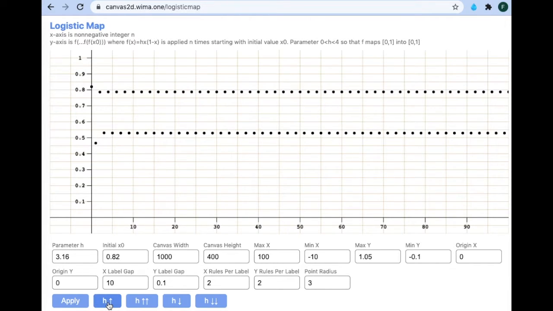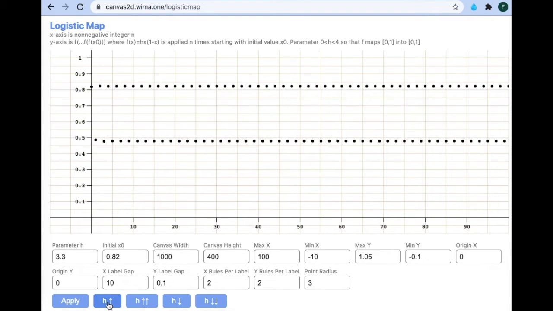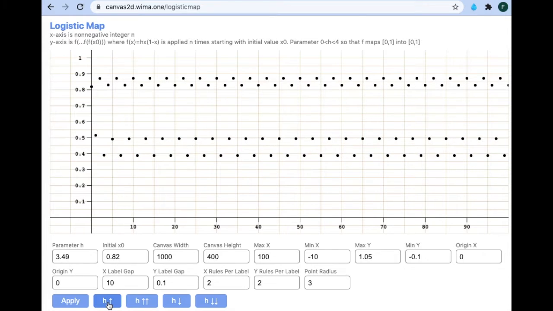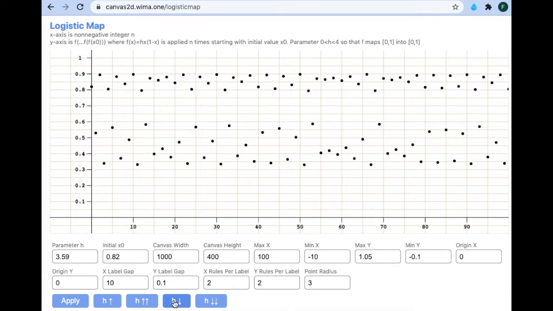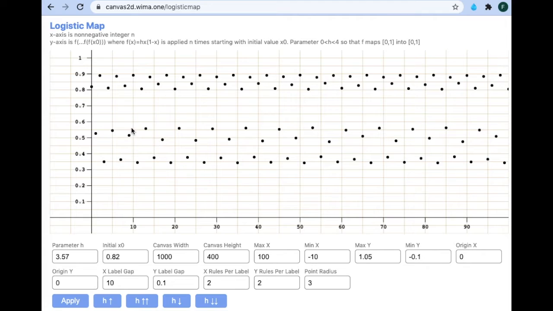And we will see that as h increases, those two lines become 4 lines. So let me decrease h a little bit. Maybe here, you start with the population and you wait 1, 2, 3, 4 days later.